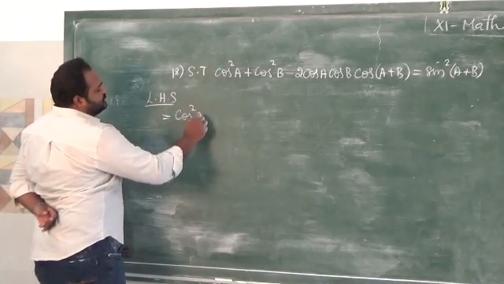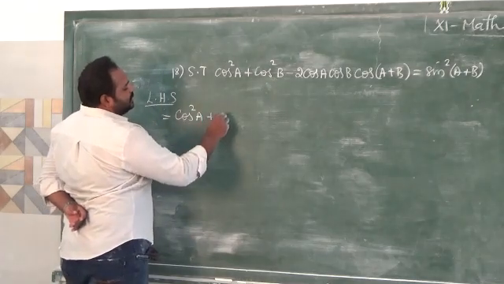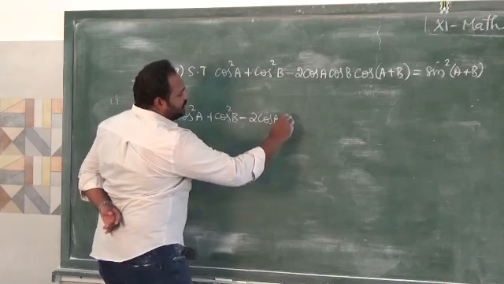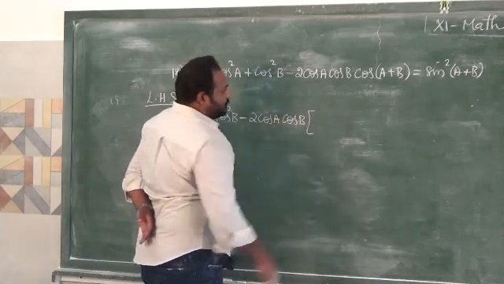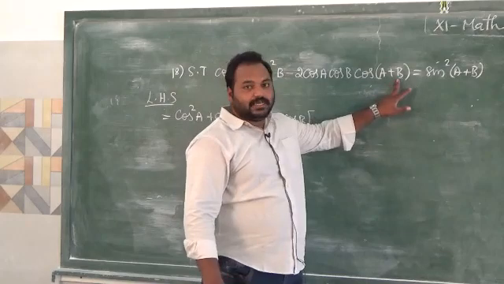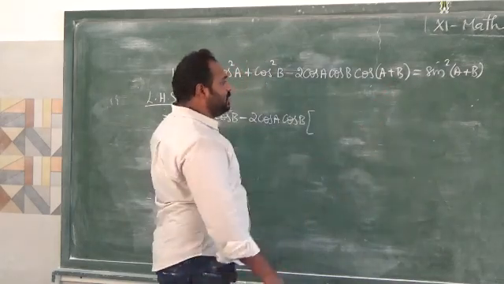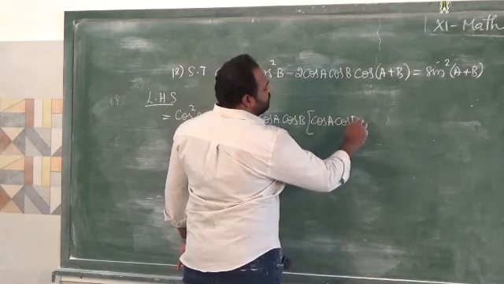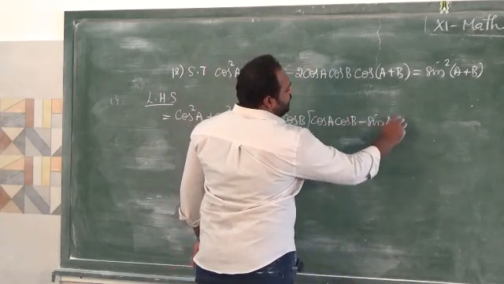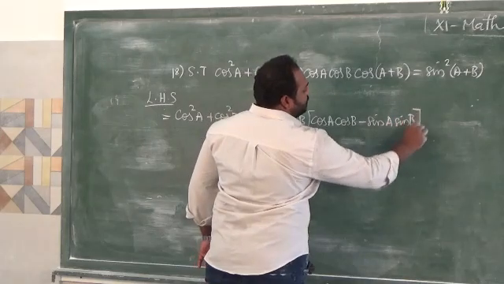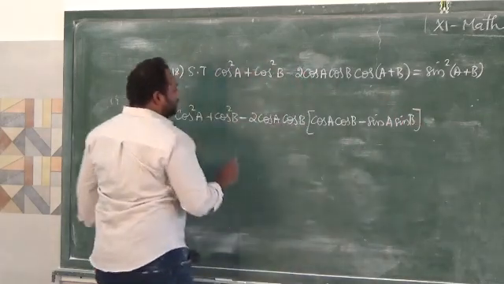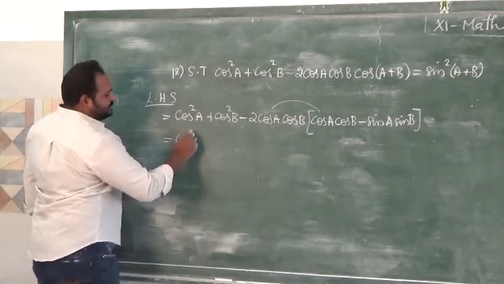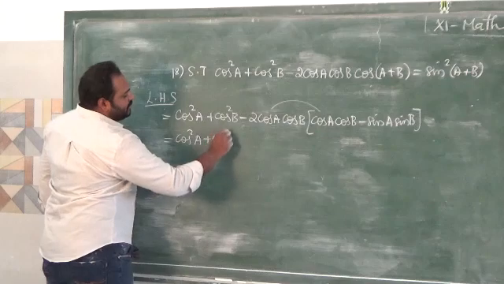On the LHS, I am going to write as it is: cos²A + cos²B − 2 cos A cos B cos(A+B). Here, for cos(A+B), I am going to use the formula cos(A+B) = cos A cos B − sin A sin B. Next, just multiply inside the brackets: cos²A as it is, plus cos²B as it is.